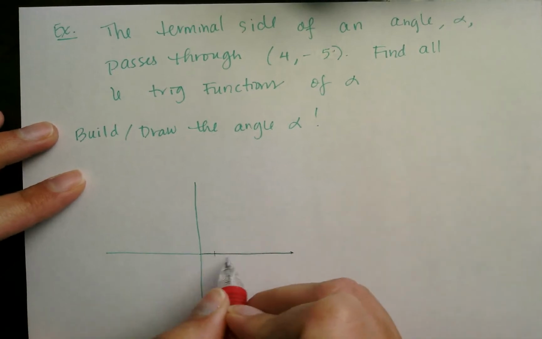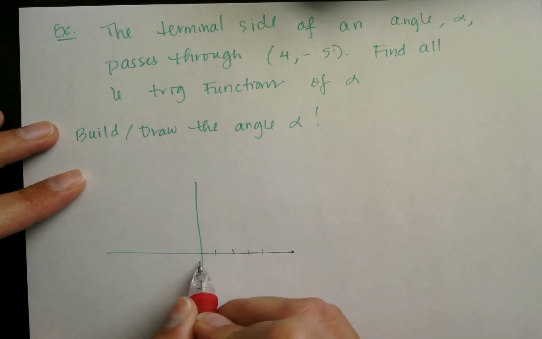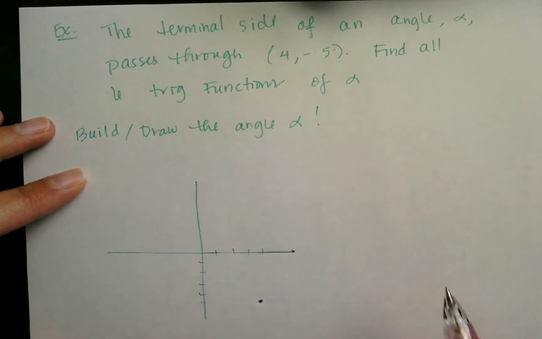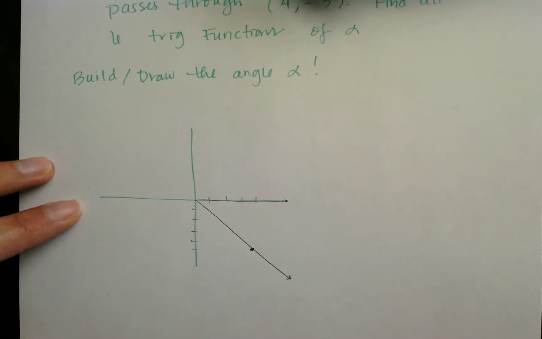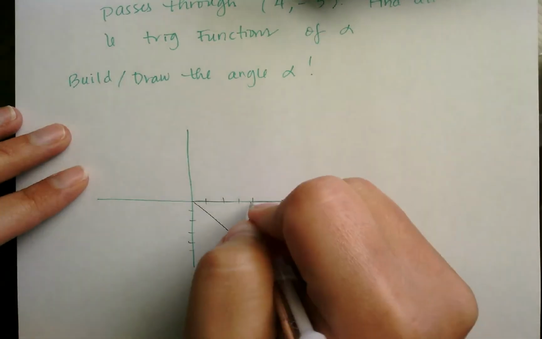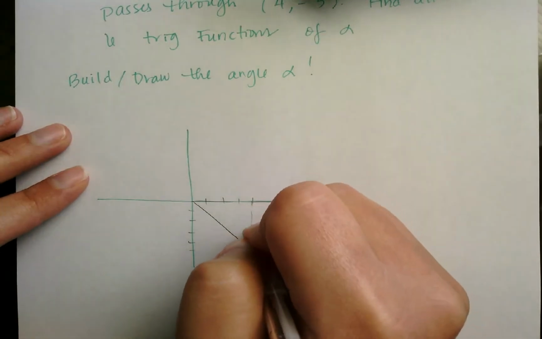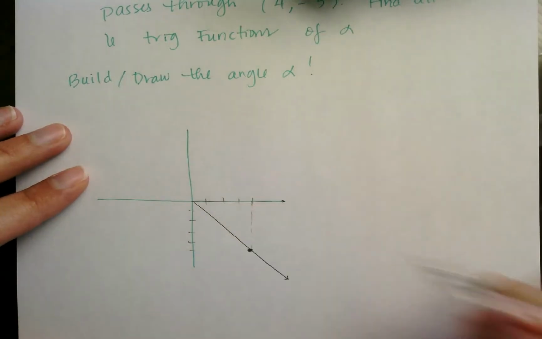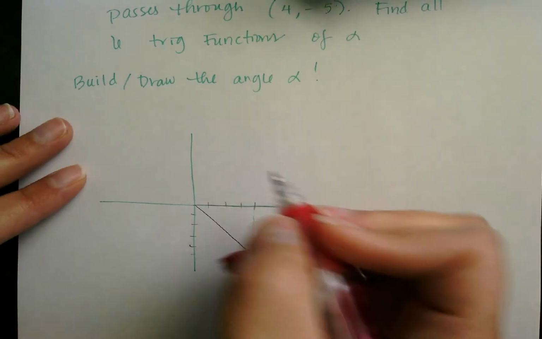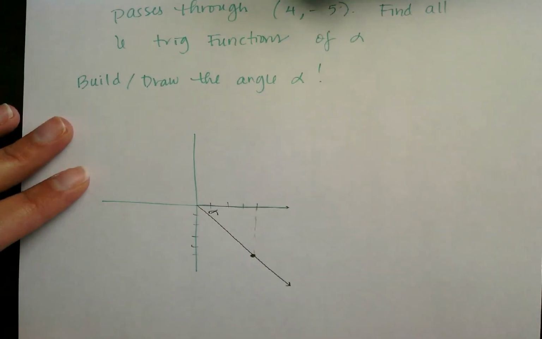There's (4, -5). So there's your angle, and you always build your triangle against the x-axis. Always. So here's alpha.